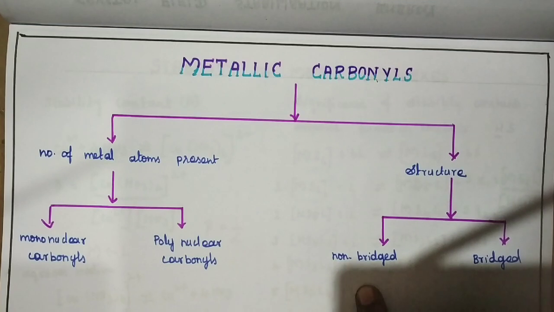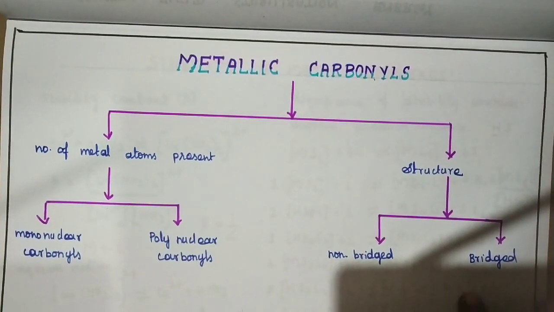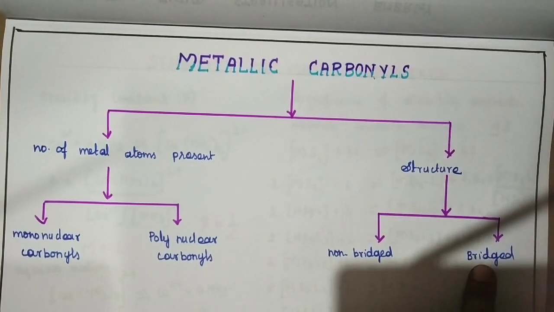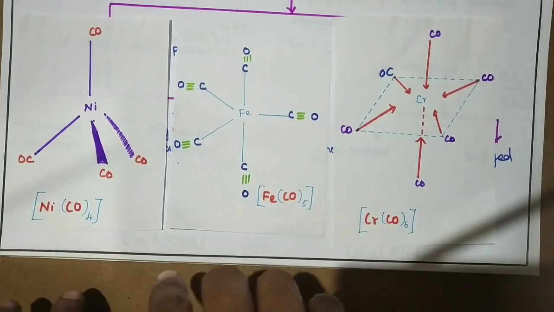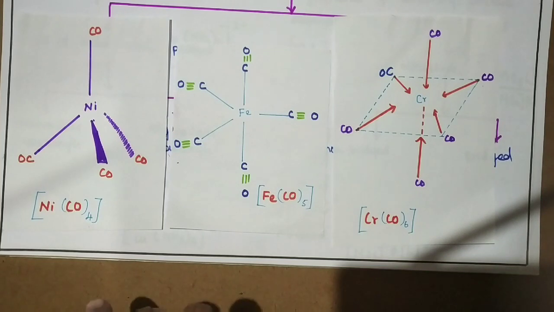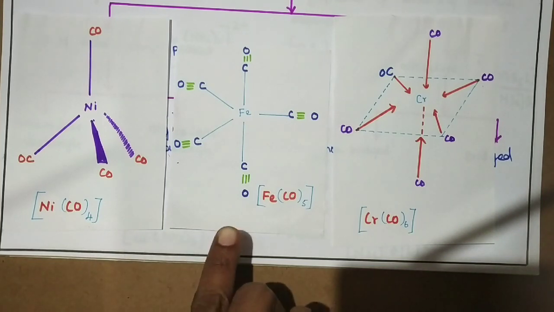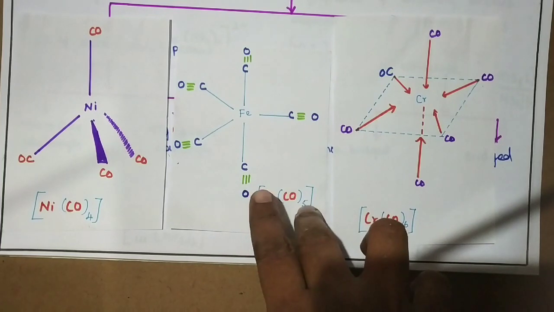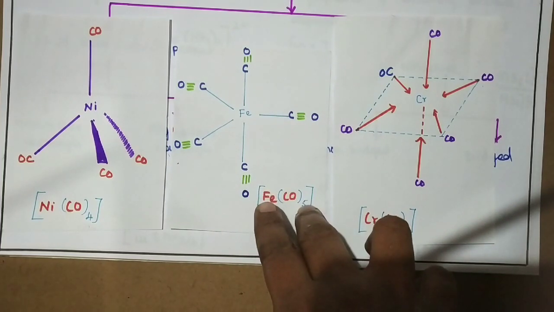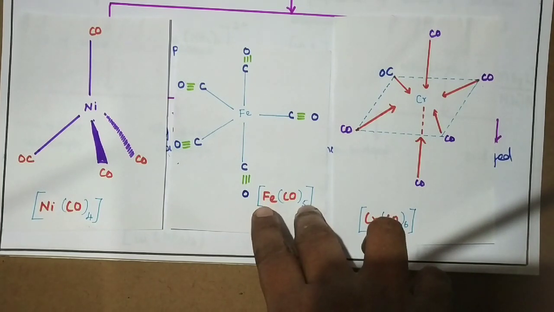One is non-bridge metal carbonyls, another is bridge metal carbonyls. Examples of non-bridge metal carbonyls are nickel tetracarbonyl, Fe(CO)5, and Cr(CO)6. These metal carbonyls do not contain any bridging carbonyl ligands. This is also classified into two types.